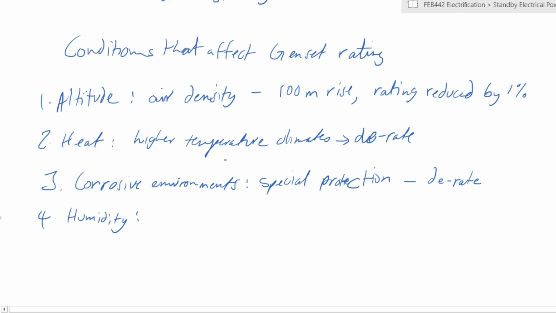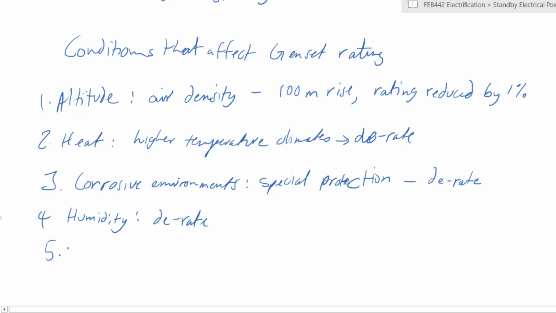So places like Mombasa, the Kenyan coast, which have humid areas, you need to consider that when you're rating your generator. So generally you would derate due to the effects of that.